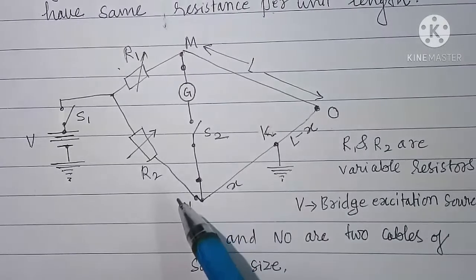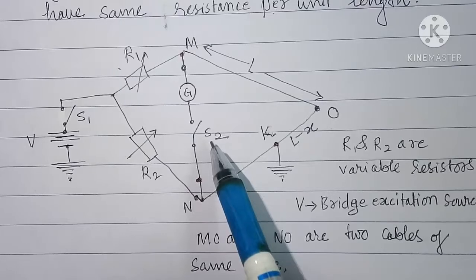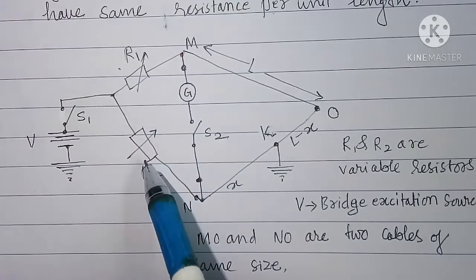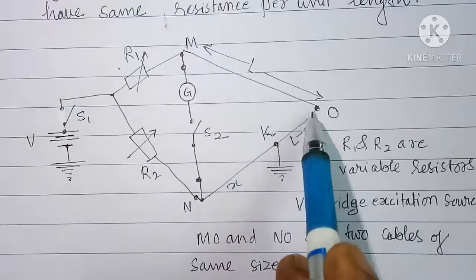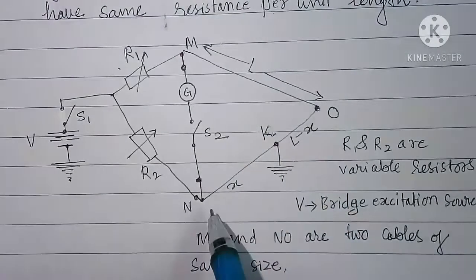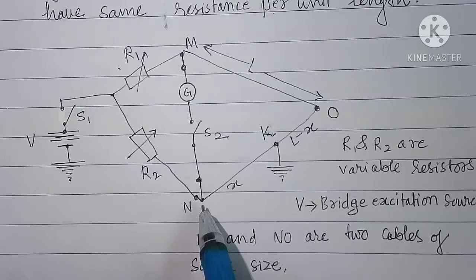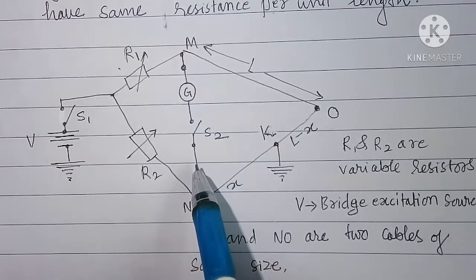Under this condition, if we close switch S1 and S2, keeping R1 and R2 equal, since resistance of MO and NO will not be equal, the potential at M and N will also not be equal, and hence some current will flow through the galvanometer.